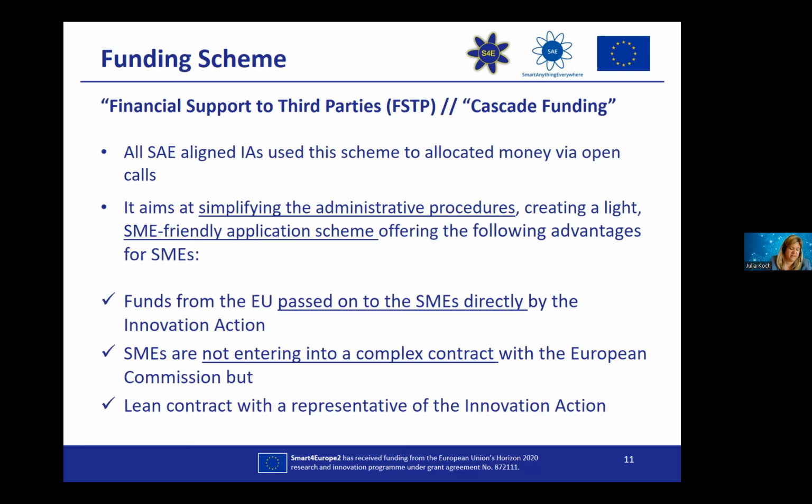The main point was that funds from the EU were passed directly to the SMEs through the innovation actions. So the SMEs were not entering into a complex contract with the European Commission, but with a representative of the innovation action. And all of you who have ever worked with the European Commission can tell that it's rather complicated to have a contract with them.